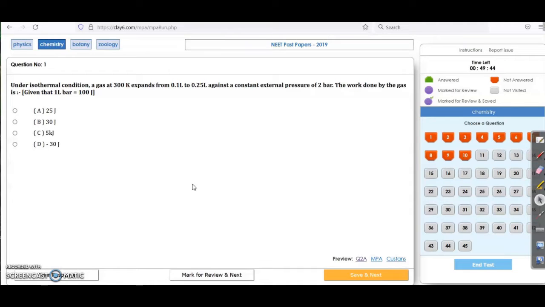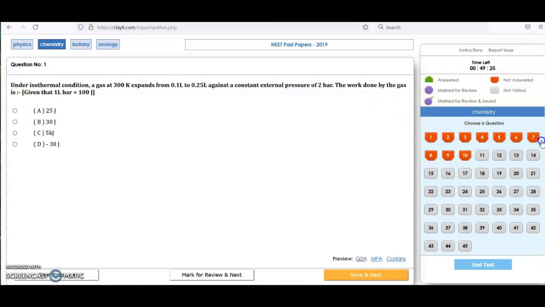So the first question is: under isothermal condition, a gas at 300 Kelvin expands from 0.1 liter to 0.25 liter against a constant external pressure of 2 bar, and they are asking us to calculate the work done.